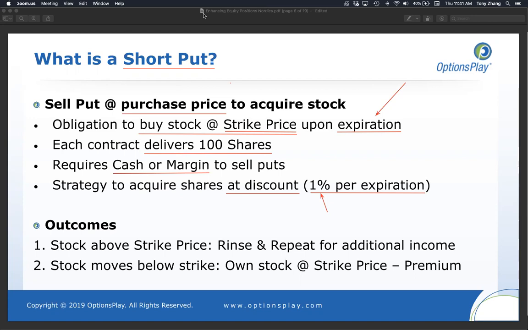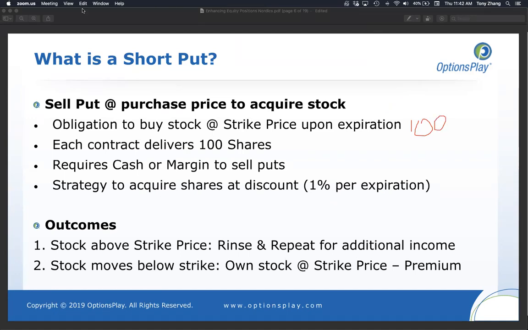So what are the outcomes, right? If you sell a put at a specific price, at an expiration date, what happens? There are two possible outcomes. Either the stock is below the strike price or it's above the strike price at expiration. So just for a simple example, let's say you have a $100 stock.